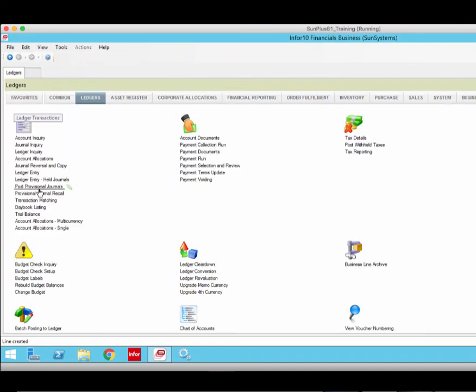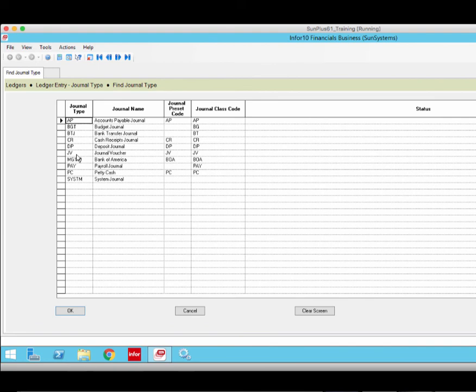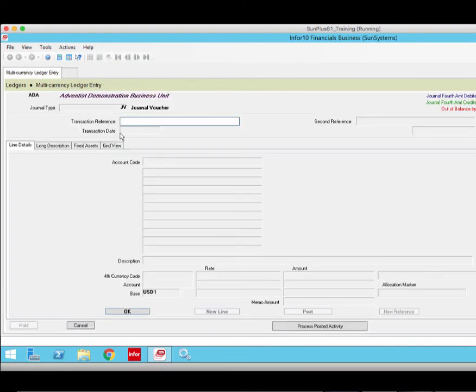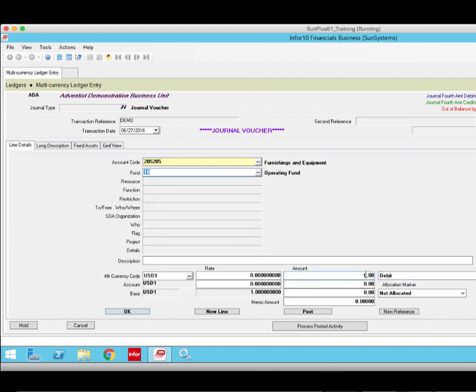And so now the next test is that we want to put in an illegal combination. And so this is a JV. I think we probably need to run 3 tests, come to think of it. Here, let's put in an illegal combination, demo, and we go OK. And we're going to choose the equipment account 205, 205. And let's say we bought $1,000 of furniture and equipment.